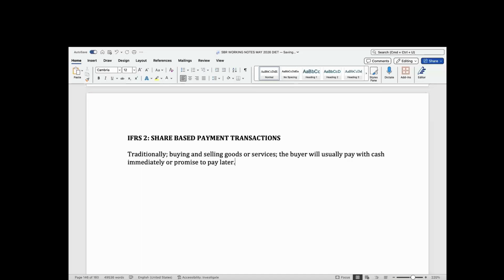This is how most transactions are consummated. You want to buy goods or services. The buyer would usually pay with cash immediately. When I say cash, it could be transfer, it could be check, any form of payment, or a promise to pay later. That's how transactions are done.